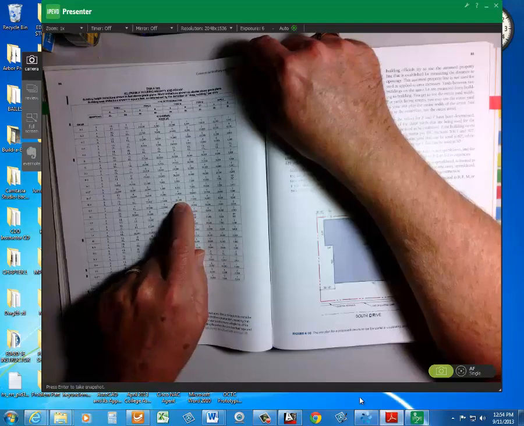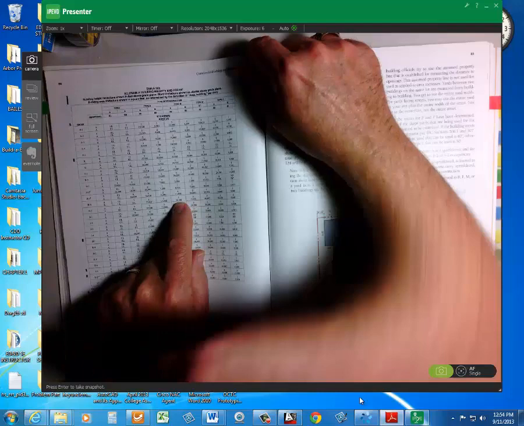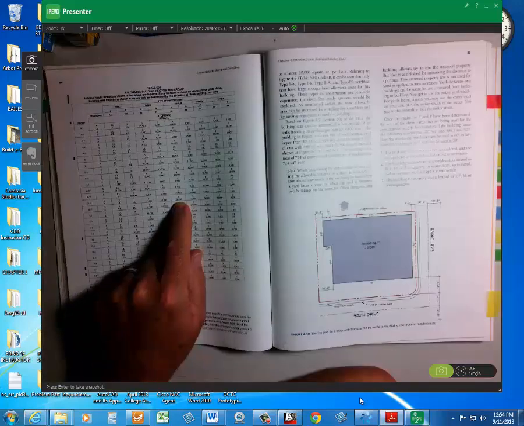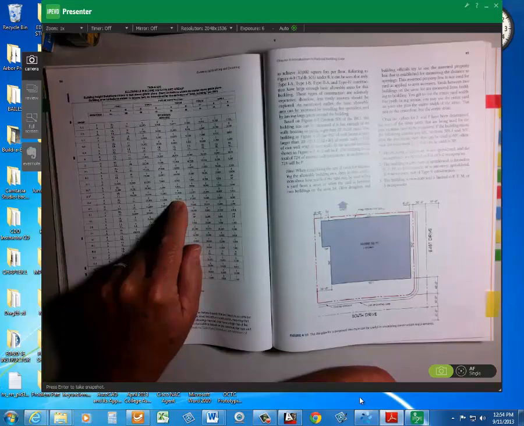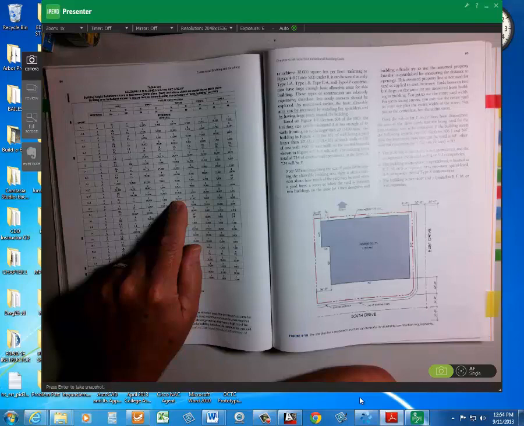Now above that is a small number. Okay? It tells you the allowable building heights. Building height limitations shown in feet above grade plane. Story limitations as stories above grade plane.